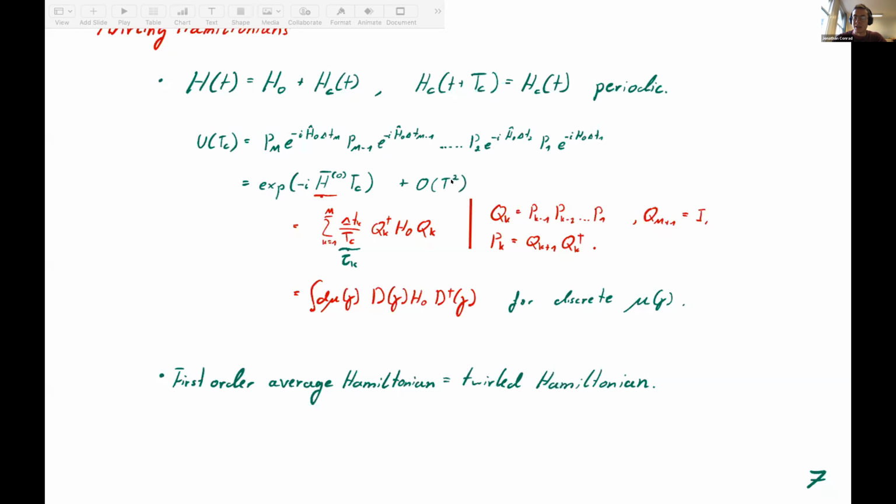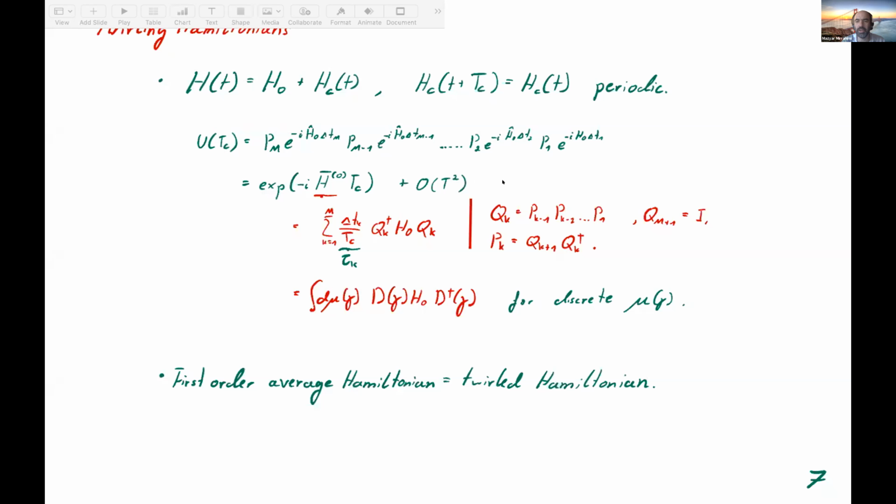This T squared part will be fairly small. Furthermore, there are actually more advanced dynamical decoupling techniques. This is just intended to be something of a first step. For instance, by choosing the ordering of the pulses accordingly, I could actually kill off the second order term.